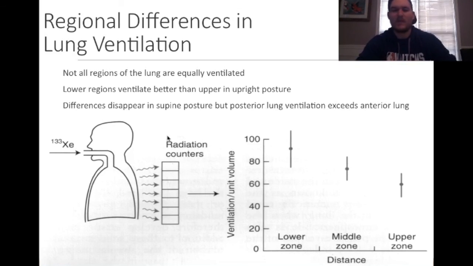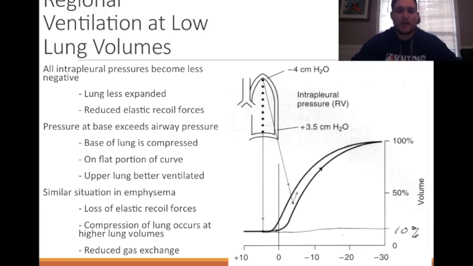So again, not a crucial point as far as this lecture is concerned, but just realize that there are differences in ventilation in your lungs depending on which section you are talking about. And these differences in ventilation become a lot more apparent in those with COPD.